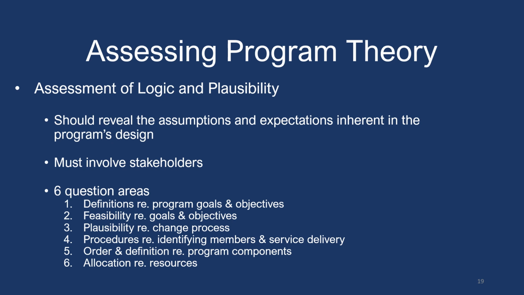So if it's so complex or so precarious or delicate that it's unlikely that this cause and effect chain reaction is going to happen, we may need to assess whether that is a good component of our program theory or whether it needs to be revised, clarified, and possibly toned down a bit.